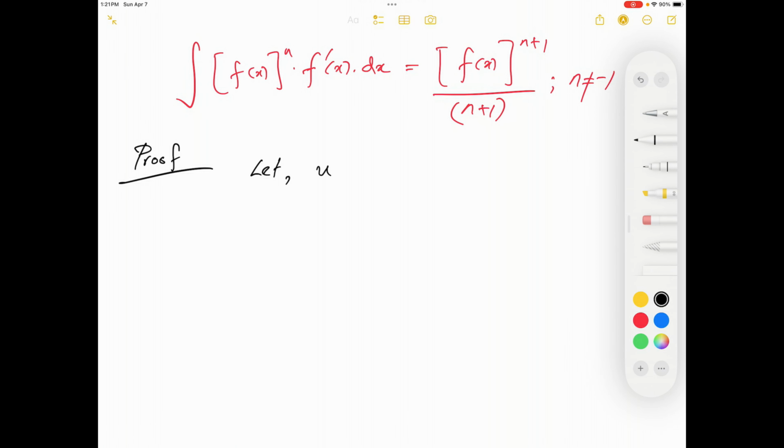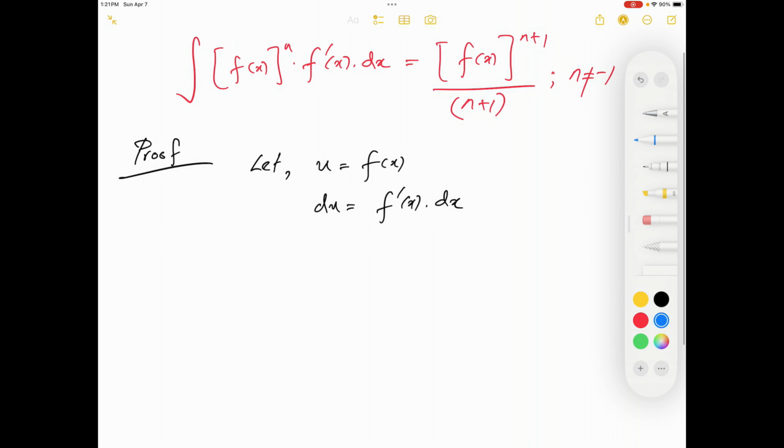For the proof, we are going to let u be f of x. Then du will be equal to f prime x dx, where f prime x is the first derivative of f of x.